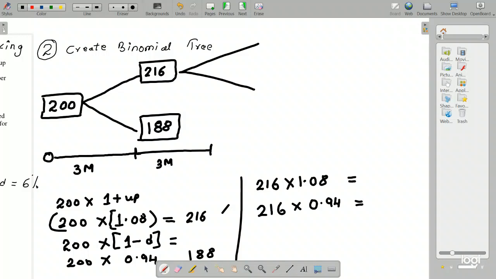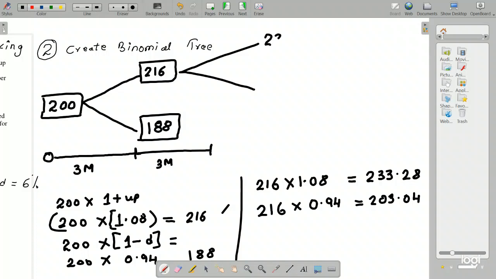So let's see what the new figure here is. 216 times 1.08 gives you 233.28, and 216 times 0.94 is going to give you 203.04, right? And we are going to write exactly the same thing here.